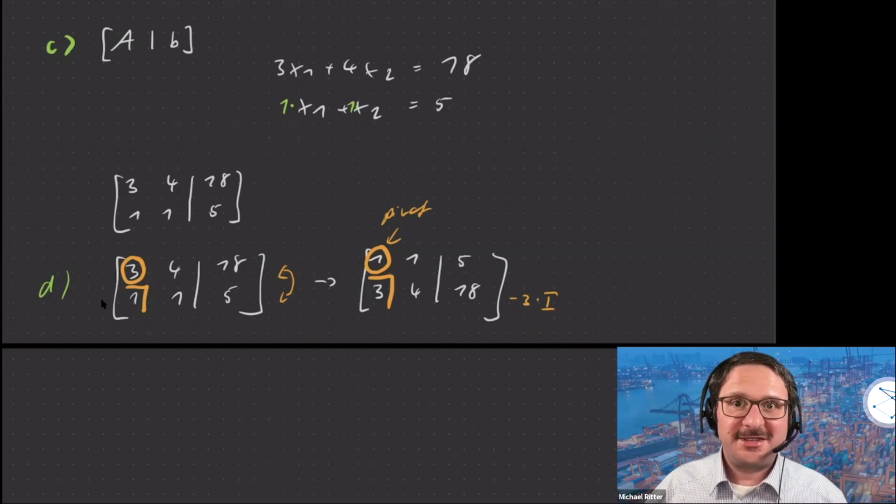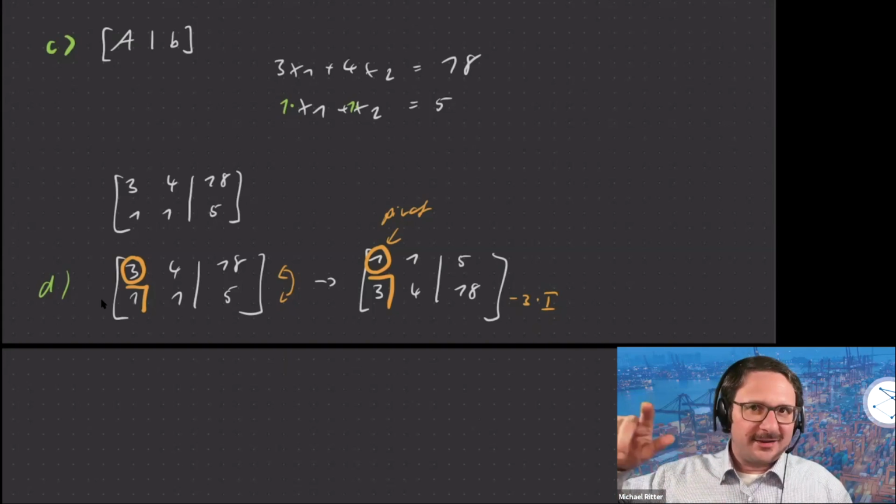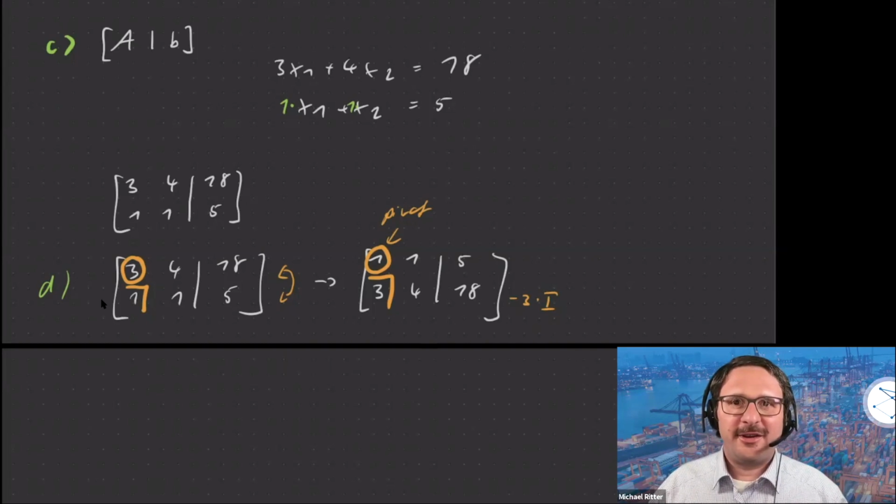And my advice to you is do the same. It makes it a lot easier to catch errors later on. So if you find your result is not correct, then if you go back and try to locate your error, it's a lot easier to remember what you intended to do if you have these little side notes here. And also in the exam, it will help your corrector see what you intended to do.